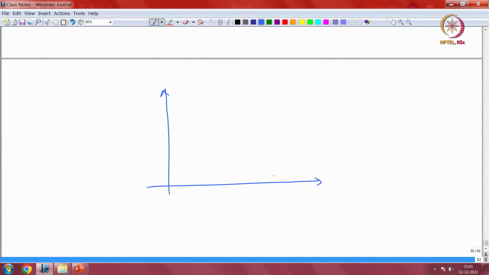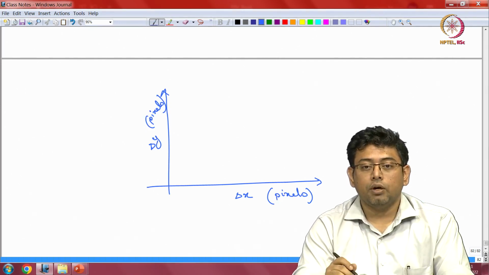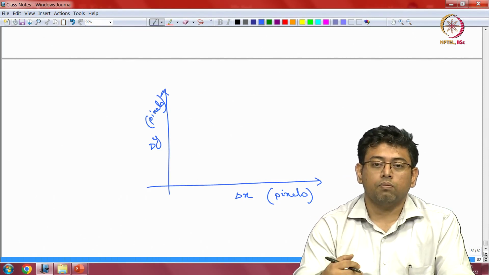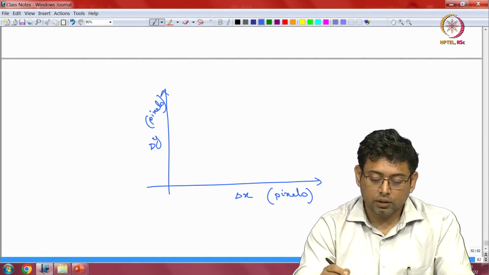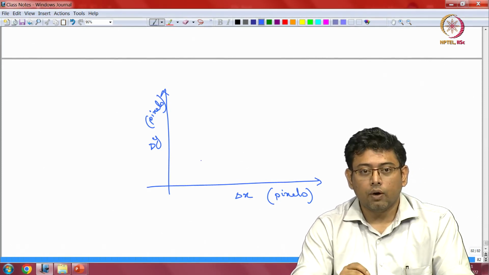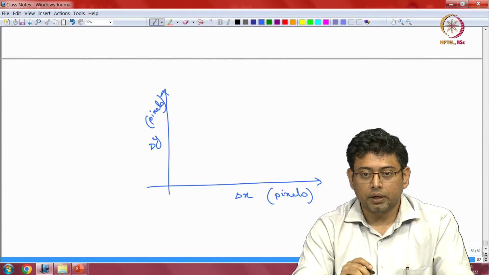In this case, we take the raw data and plot delta x, which is in pixels, and delta y, which is also in pixels, and we will plot the location of the correlation peak in the correlation plane. So every time you evaluate a correlation peak, there is a delta x and delta y, which you are again using to evaluate velocity.